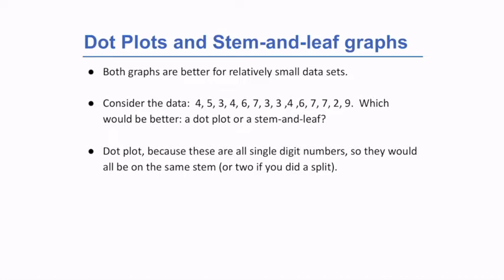If we did a stem and leaf plot, it would just be 0, and we've got what? 3, 3, 3, 4, 4, there's a 2 there, 4, 4, 4, 5, 6, 6, 7, 7, 7, 9. Like, that's just a list of numbers. That doesn't display the data in a useful way.